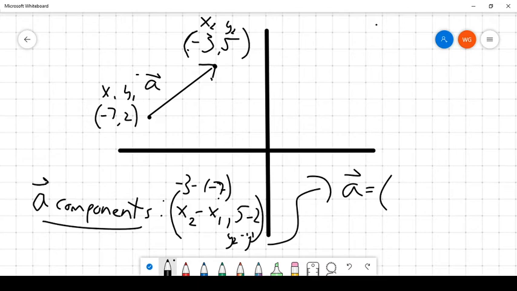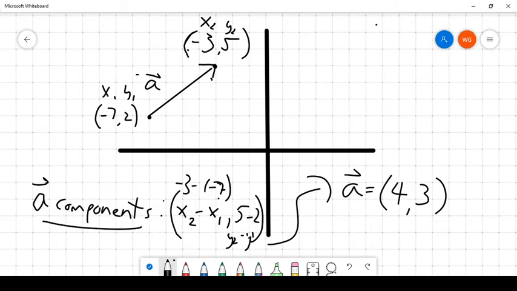So what we actually have for vector A is 4, comma 3. So what that means for us is that if I draw a vector anywhere on this grid that displaces 4 units to the right and 3 units up, then I will have a vector that's equivalent to vector A.